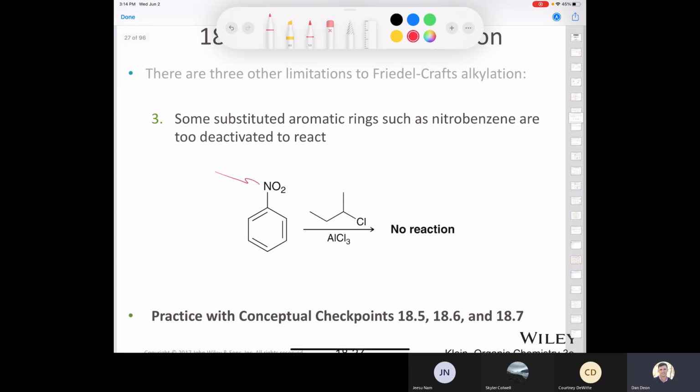This actually deactivates the ring, or makes it really unreactive. So if you have a nitro group, it just doesn't work. The quick and dirty answer is that the nitro group pulls electron density away so hard that the ring will just never act as a nucleophile. It's too resistant. That's the hammer and tongs approach there.